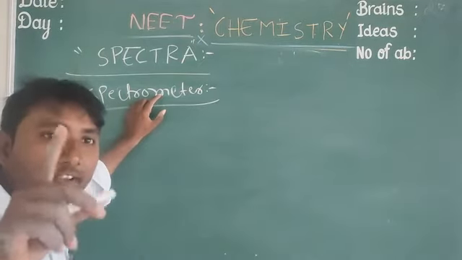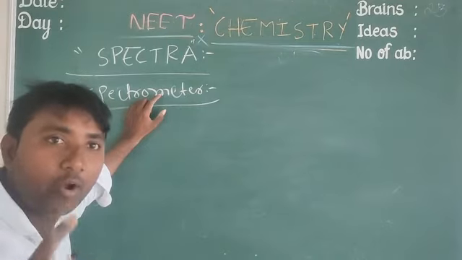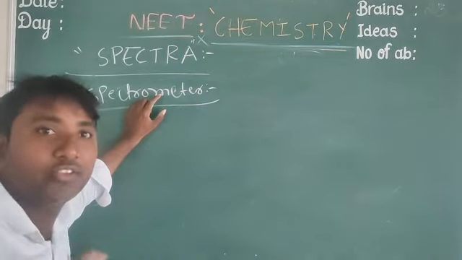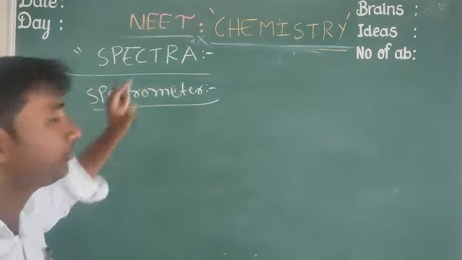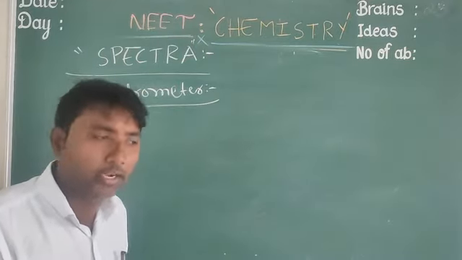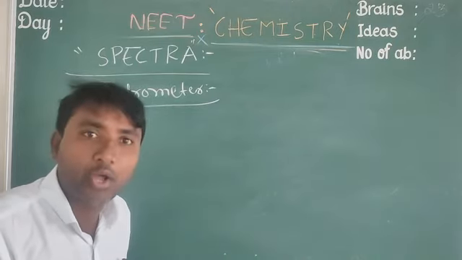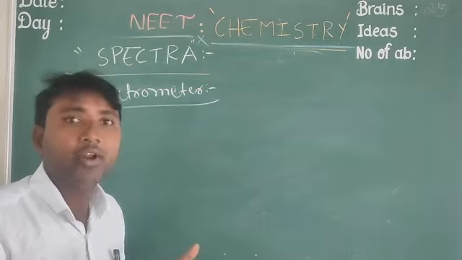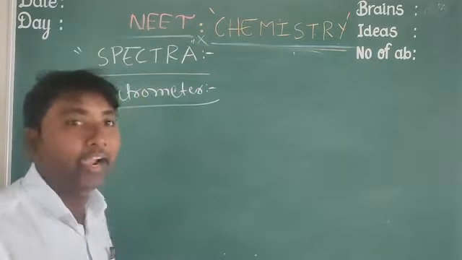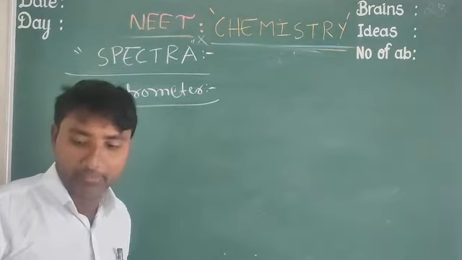That is called spectrometer. So we have to use a spectrometer so we are able to see the spectra on screen. So spectra are visible in this device. That is called spectrometer.